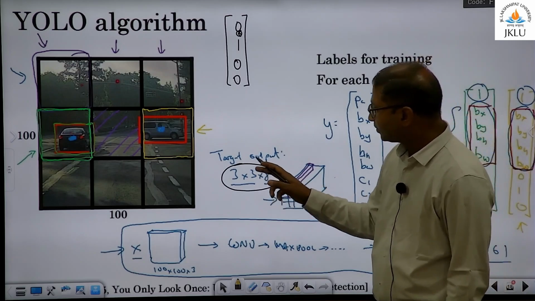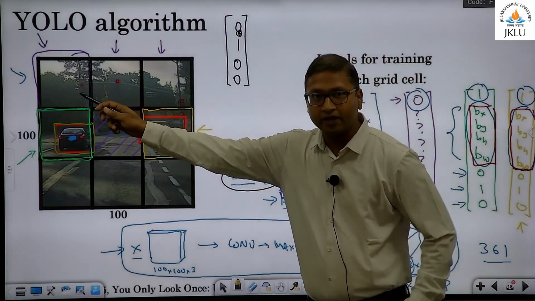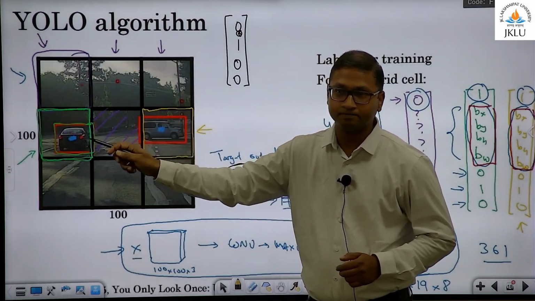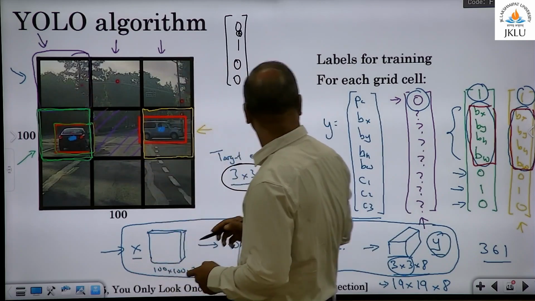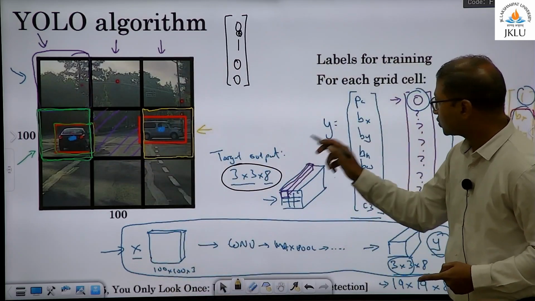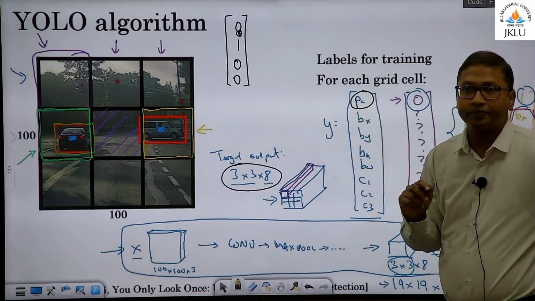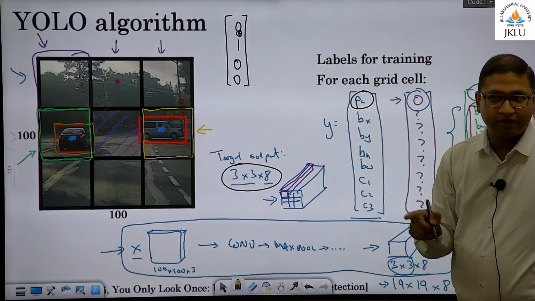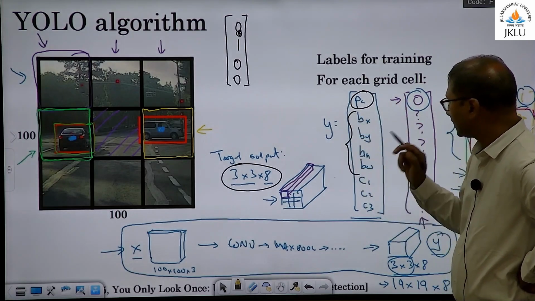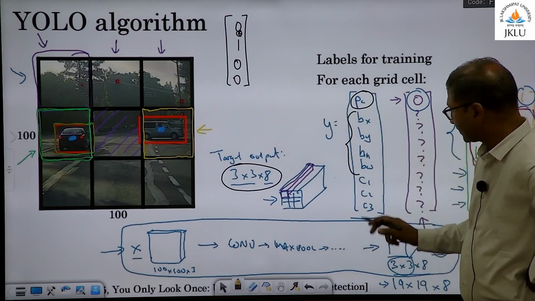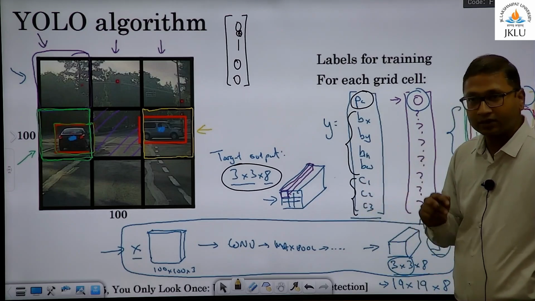So 3 cross 3 comes from dividing your image into a 3 cross 3 grid. Now for every grid cell you have this kind of a thing. What was the first thing? The probability of whether there is an object in this cell or not. Then the bounding box, and these are the classes.